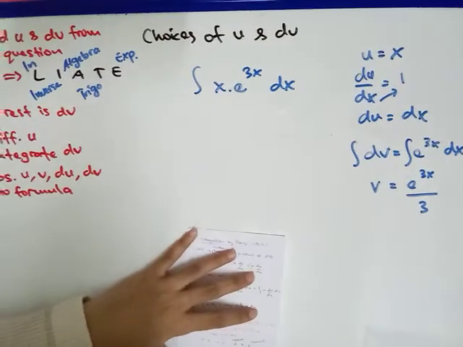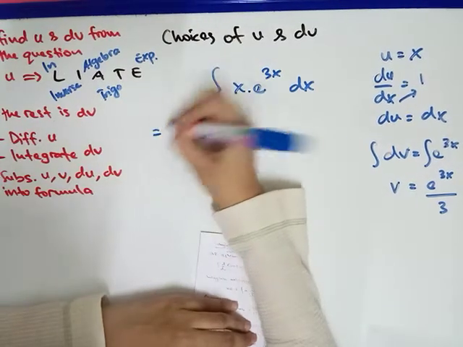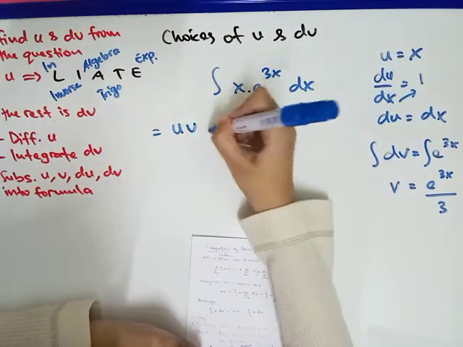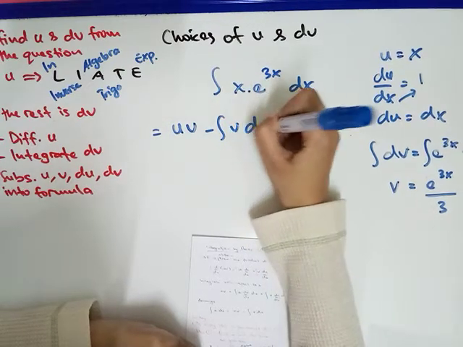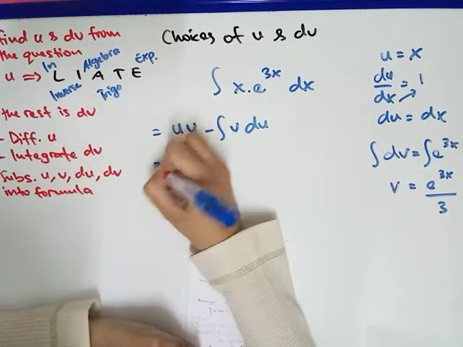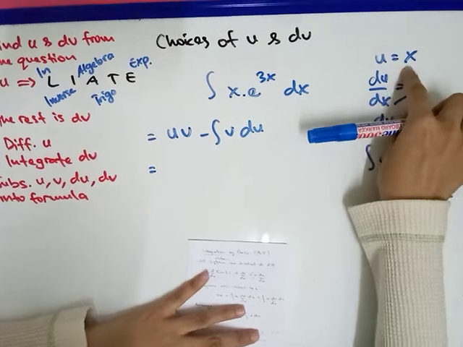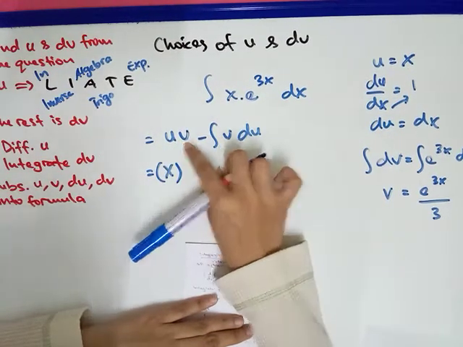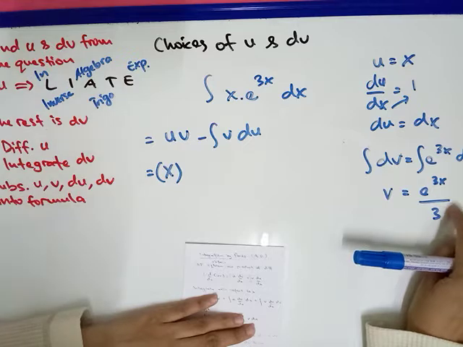Okay, so substitute into formula. The formula is uv minus integrate v du. U, what is u? This one, x, times v. What is v? Exponent 3x over 3.